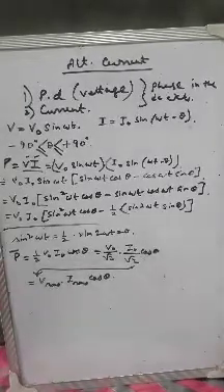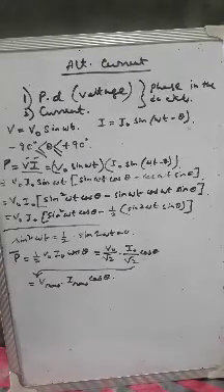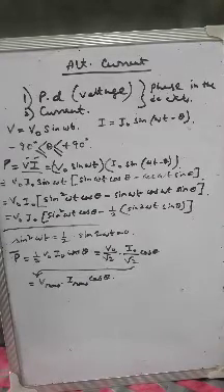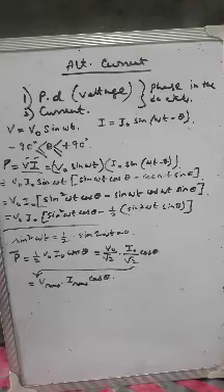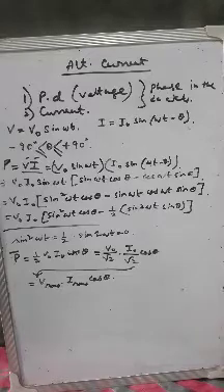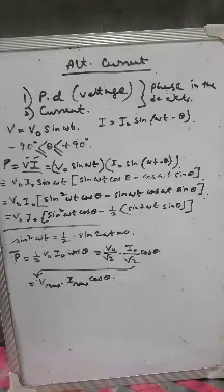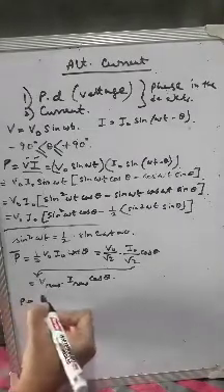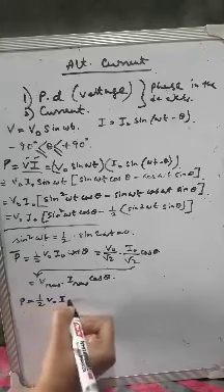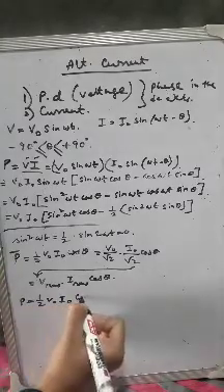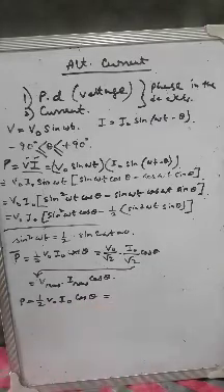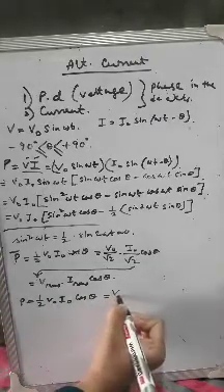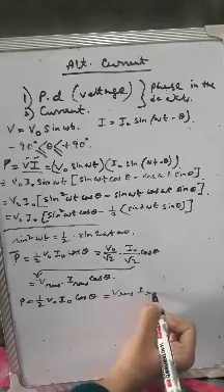This P bar is referred to as the effective power and is usually denoted by the symbol P. So the effective power, or in other words the true power of an AC circuit, is P equals half V naught I naught cos theta, which is equal to VRMS IRMS cos theta.